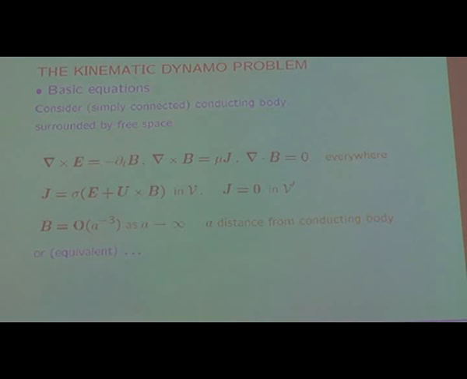Any other questions? Yes, please. When you mentioned the Bond-Gold theorem, you had a phi and a phi dash. Is it something like phi and phi dash, which are simply connected on two sets of spins? The Bond-Gold theorem is proved for a simply connected body surrounded by free space. And then also the free space is simply connected.